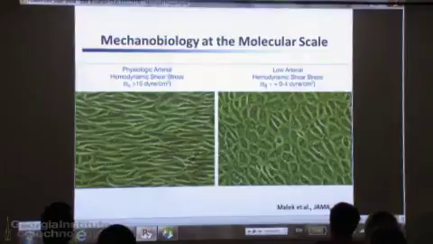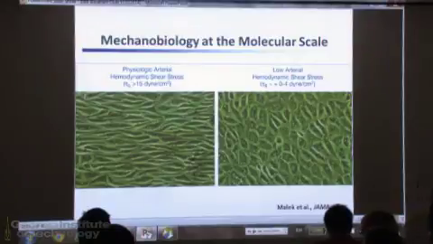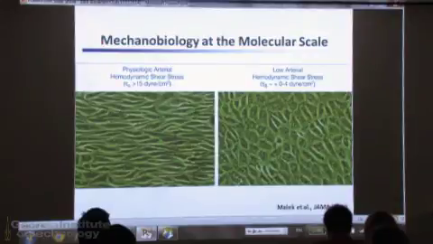That was, I think, Dr. Larry McIntire, very familiar with that because he also contributed a great deal to this back when he was at Rice. And that's mechanobiology at the cellular scale.